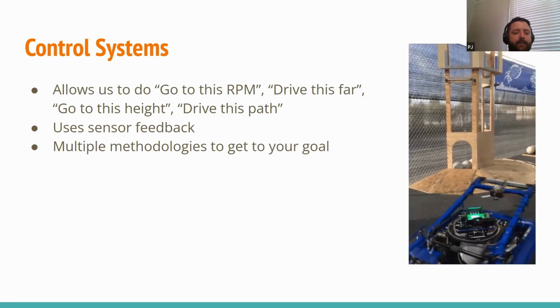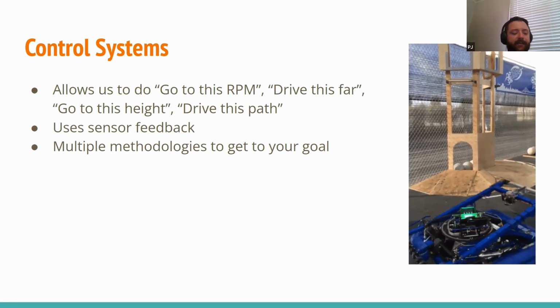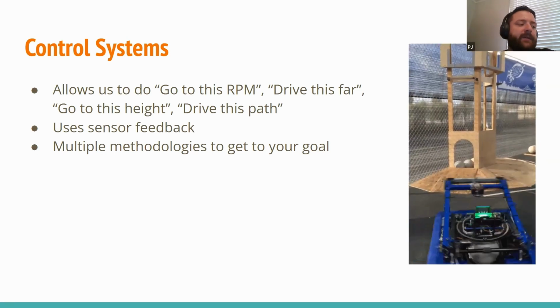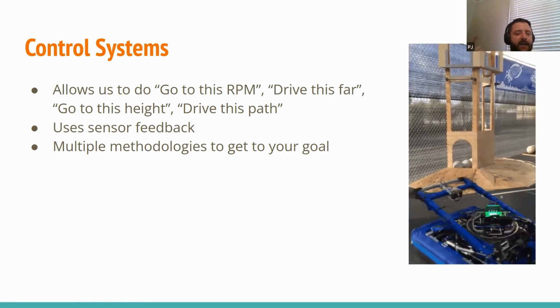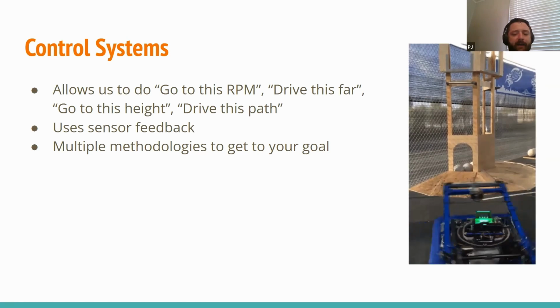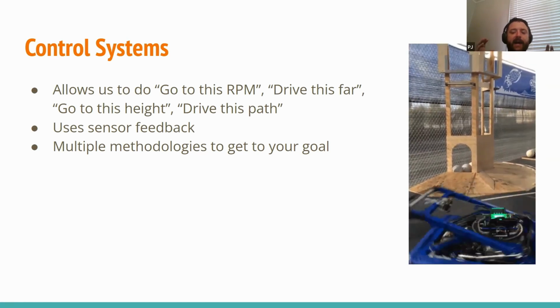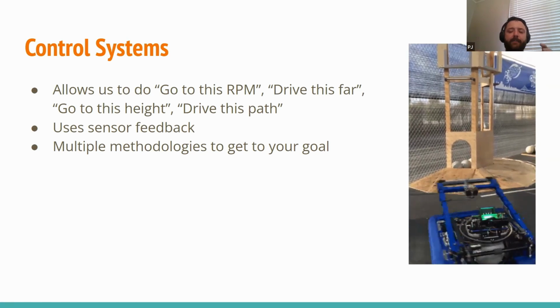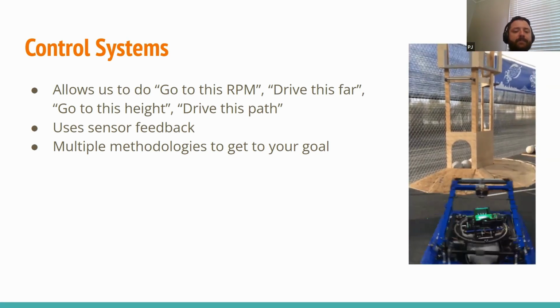So every control system, besides dead reckoning, uses sensor feedback. So the sensors that we talked about last meeting, encoders, gyroscope, whatever, we'll be reading values from that and then figuring out what's the best next step. What should we do this loop to get to our eventual goal?